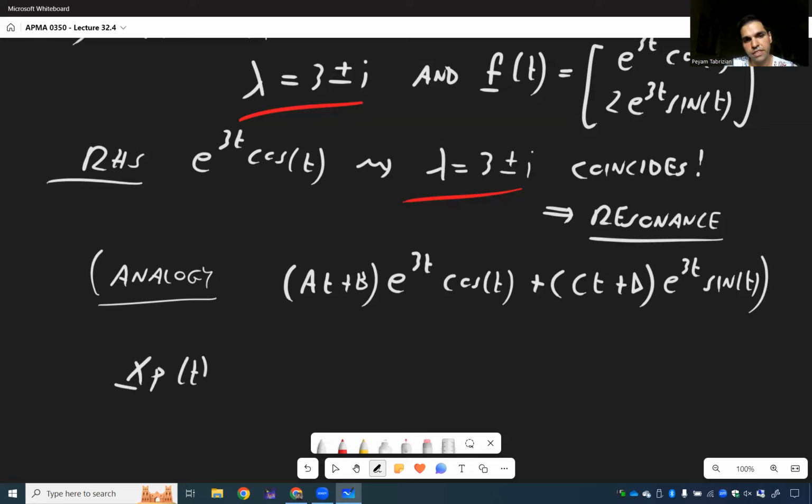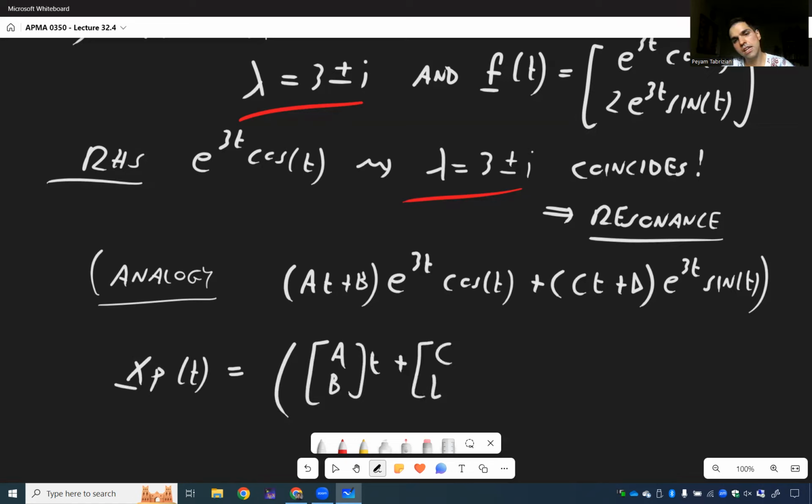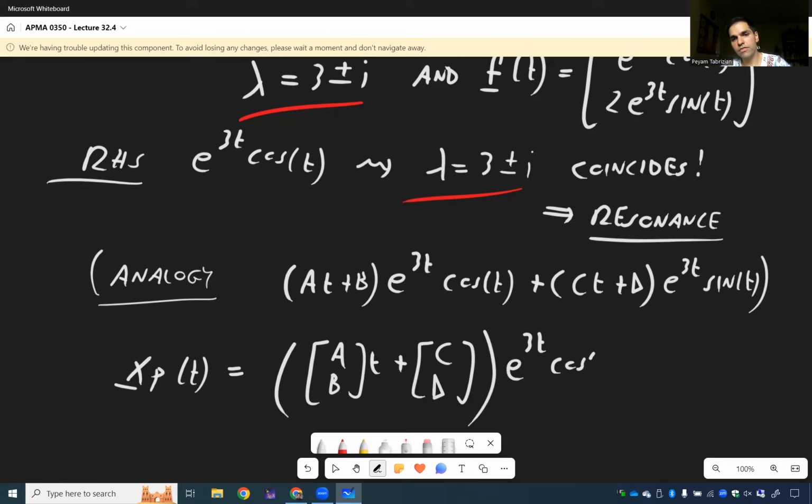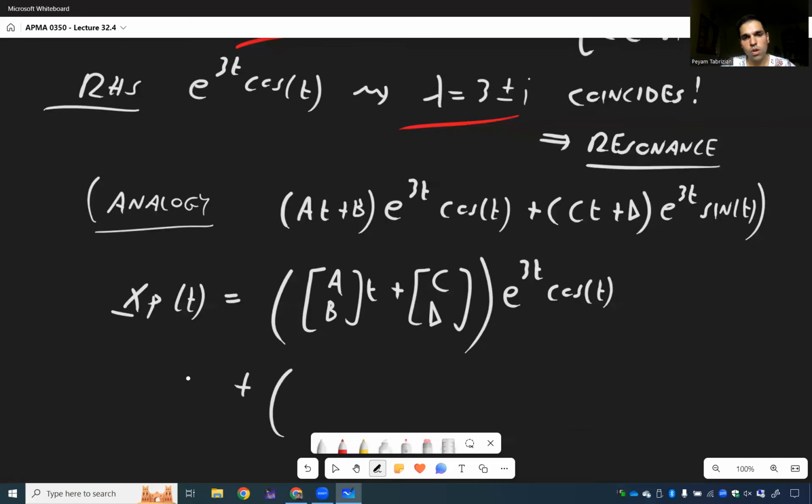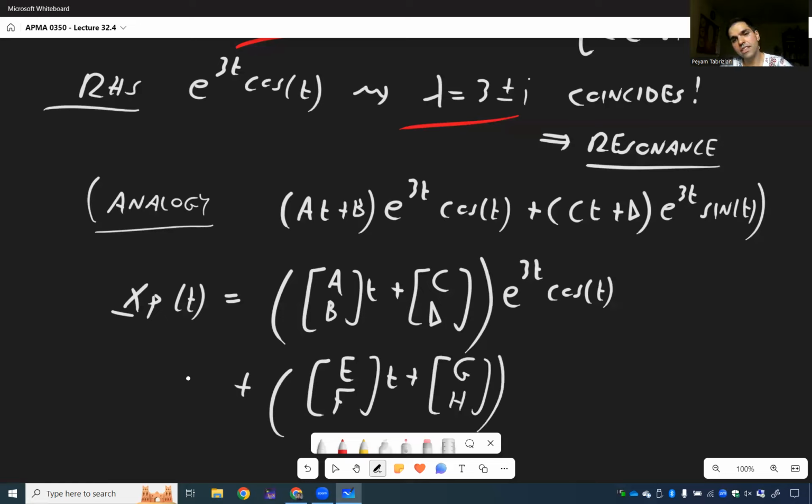So here xp of t is (AB)t plus (CD), e to the 3t cosine of t, plus (EF)t plus (GH), e to the 3t sine of t. So once again, resonance, except instead of doing At, you guess At plus B.